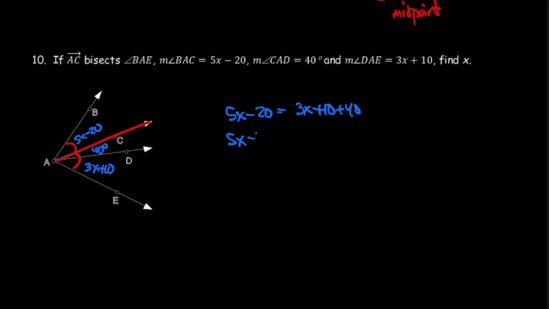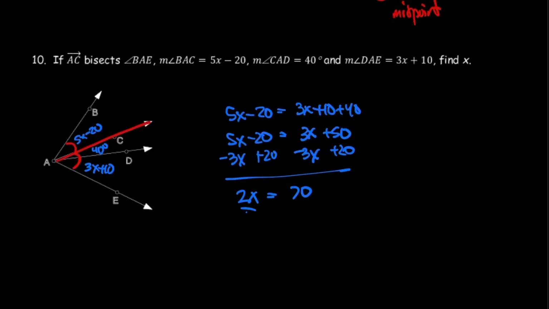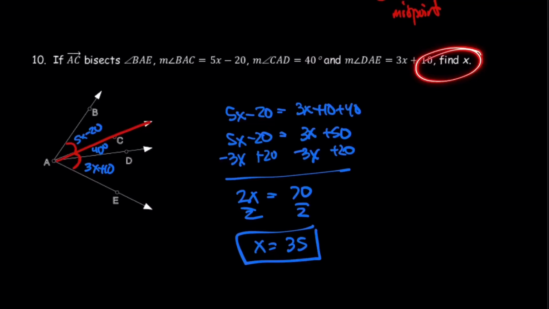That gives me 5x minus 20 equals 3x plus 50. I'm going to subtract 3x from both sides and add 20. That's going to give me 2x equals 70, divide by 2, x equals 35, and that's exactly what they wanted you to find. Find the value of x, and we're done.